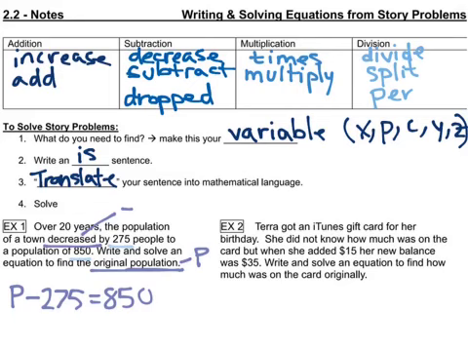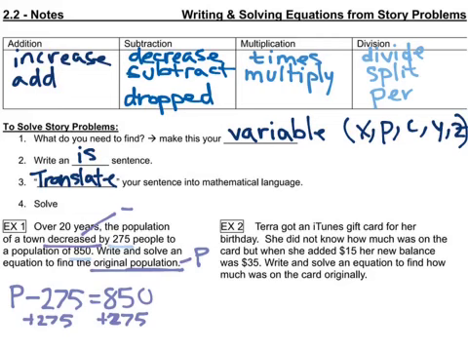So now we've got to use the inverse of subtraction, because P minus 275, we have to do the inverse of that. So we're going to add 275 to both sides, plus 275.